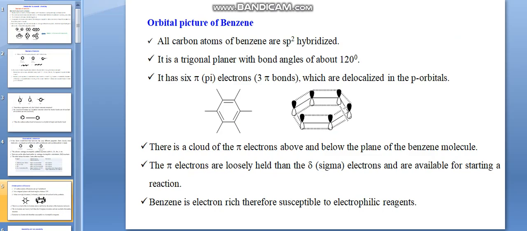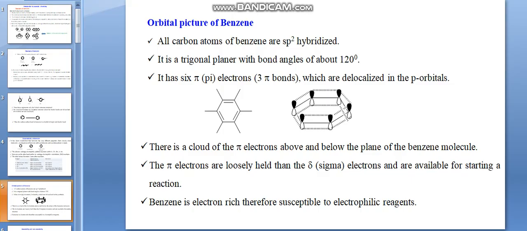If we look at the orbital picture of benzene, all carbon atoms of benzene are sp2 hybridized. This one you have come across in organic chemistry, how you arrange the electronic configuration. Benzene itself is trigonal planar with a bond angle of around 120 degrees, and it has 6 pi electrons, which are 3 pi bonds delocalized in the p orbitals.